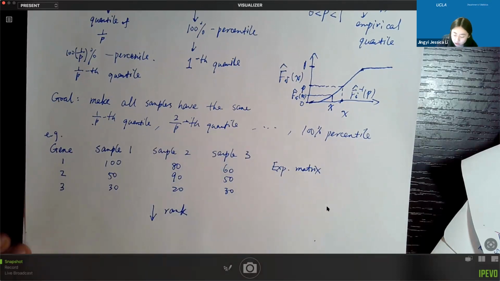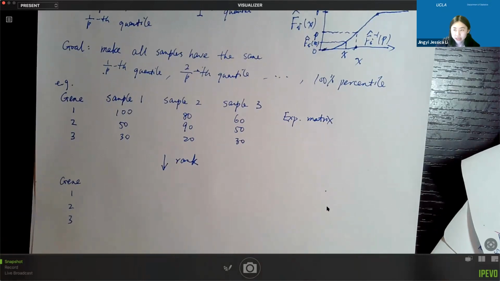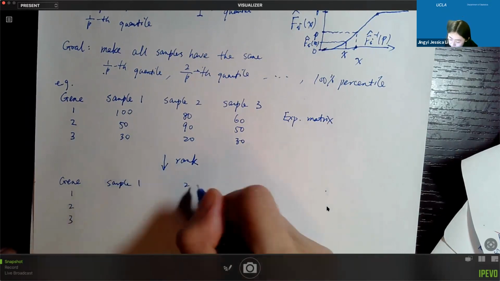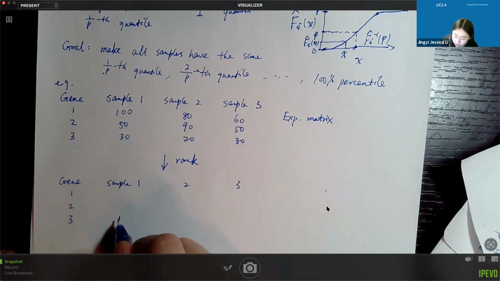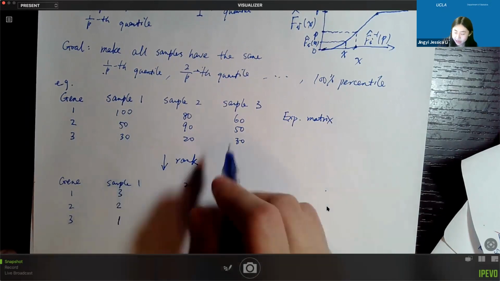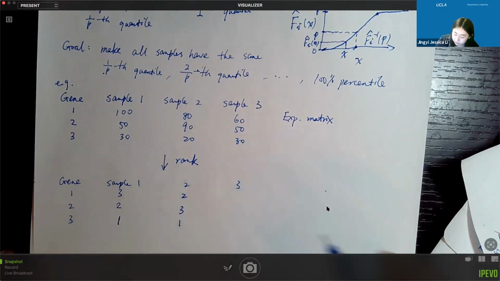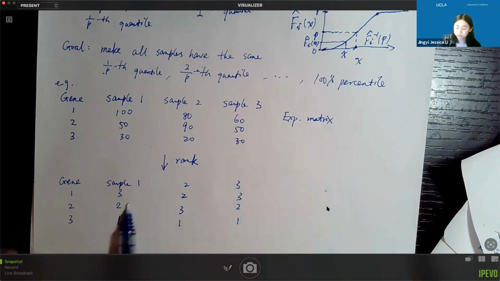And for the smallest value within each sample, I will call it rank 1. And the second is rank 2, and the largest is rank 3. So clearly you will see that here gene 3 is rank 1, 2, and 3. And in sample 2, it's 1, 2, and 3. Sample 3, 1, 2, and 3. So I keep their rank.